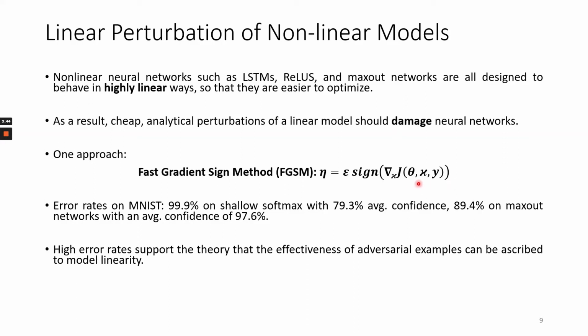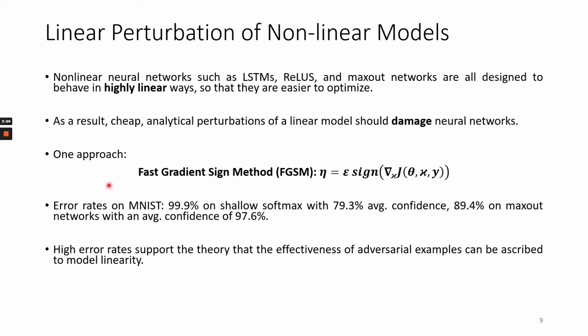If you look closely, given the parameters of the neural network theta, the input x and the output y, the cost function of training a neural network is given by J, whose gradient, when passed through a sign function, gives us the perturbation itself. The strength of the perturbation is moderated by the threshold epsilon. The higher the threshold, the larger the perturbation. The name fast gradient sign method comes from the sign function that is used in the equation, and the gradient on which the sign function is run.